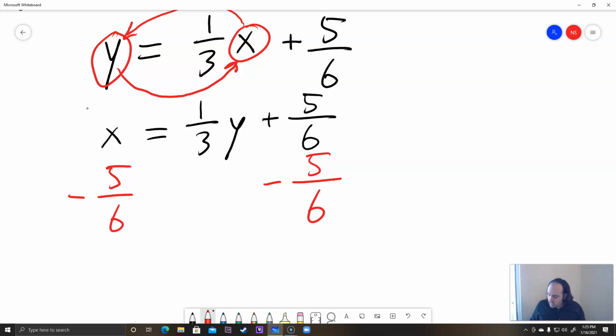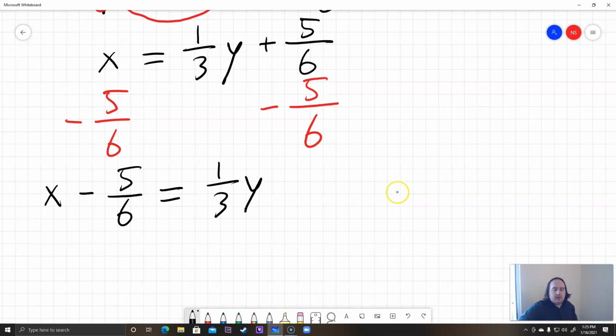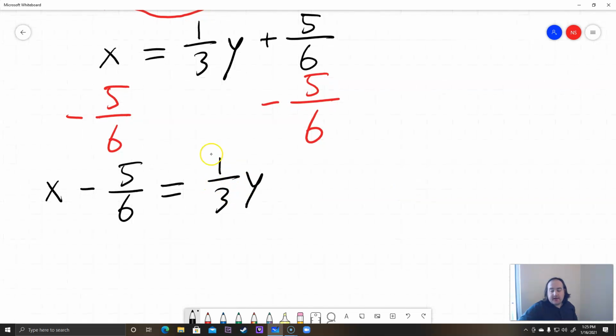Then on the left side, we get x minus 5 over 6, and on the right side, we have 1/3 y. To finish isolating y, we have to get rid of the 1/3. Remember, to get rid of a fraction multiplied times something in an equation, you multiply both sides by the reciprocal.